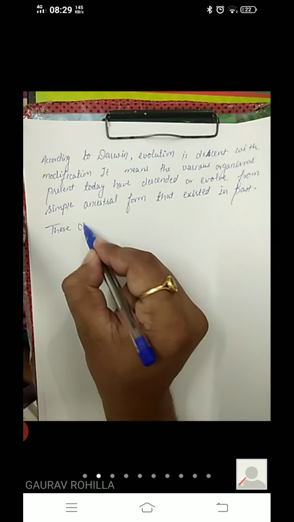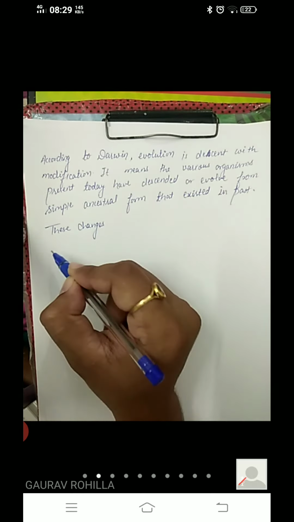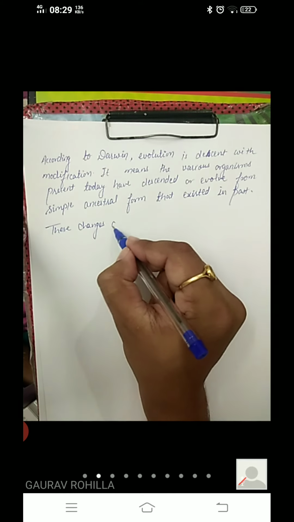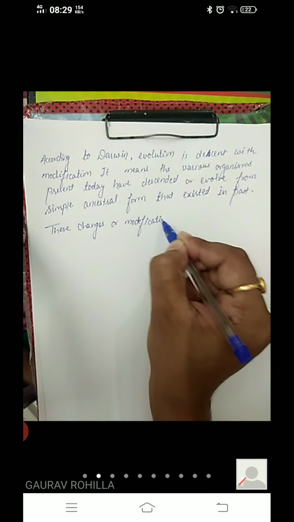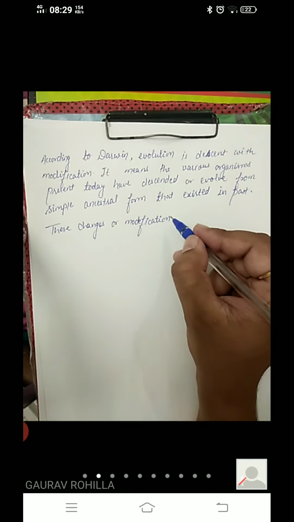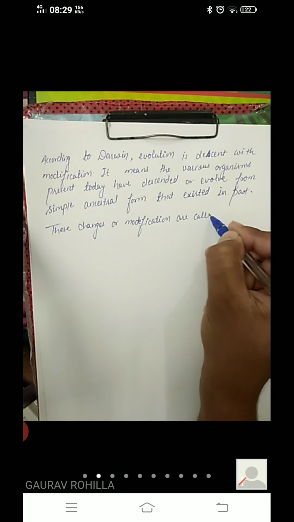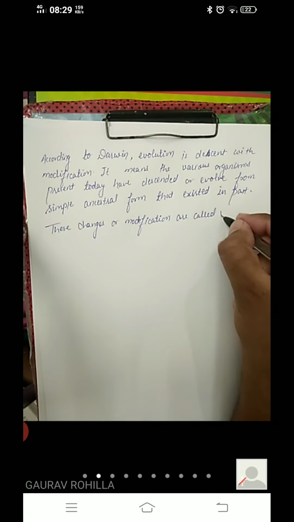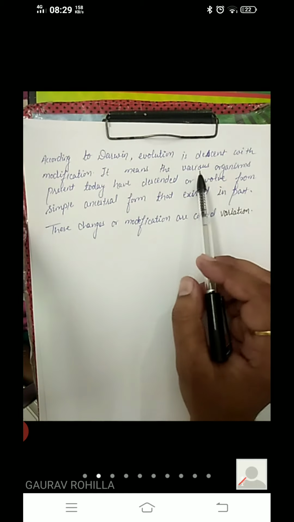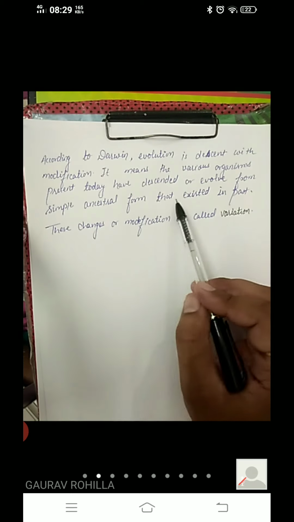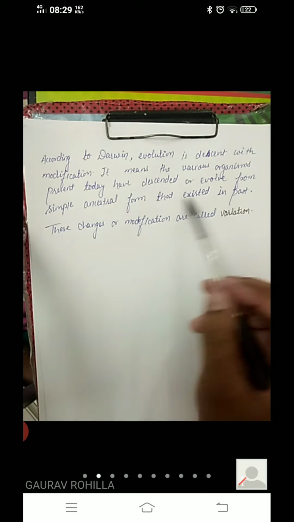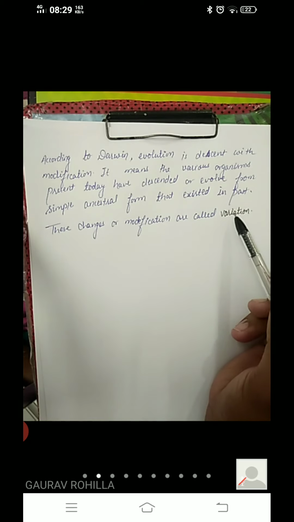These changes or modifications are called variation. So, how can we define variation? Variation means the various organisms present today have descended or evolved from the simplest ancestral form that existed in past. This evolutionary process or this modification and change is called variation.